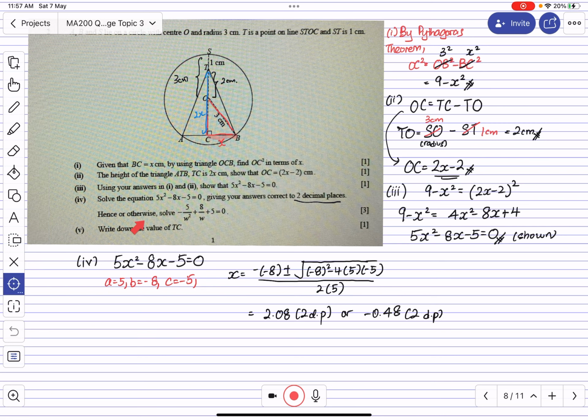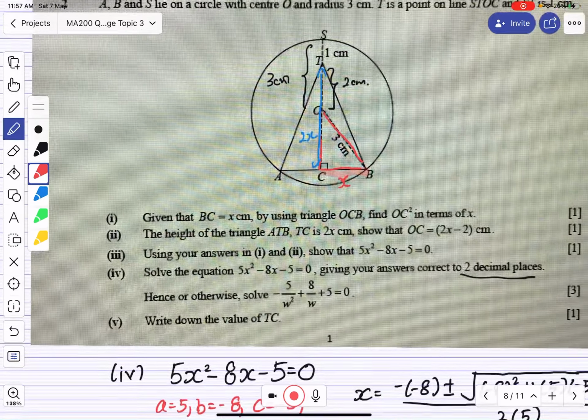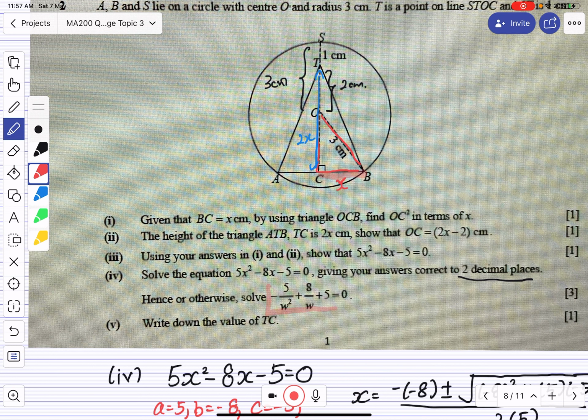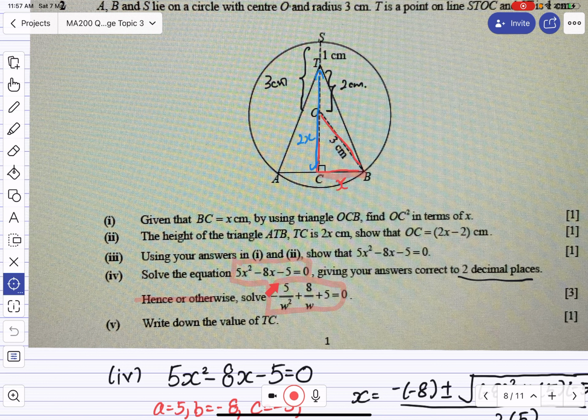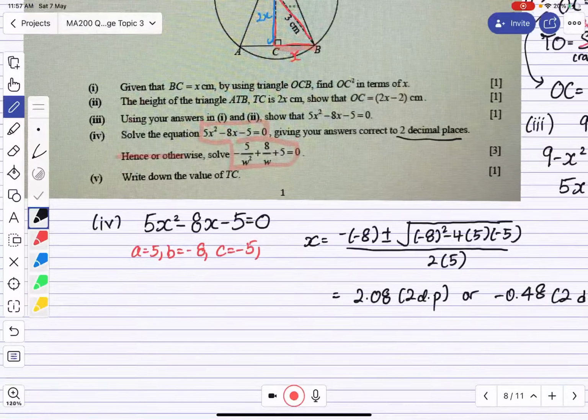Now I go on to the second part of part 4, which requires me to solve negative 5w squared plus 8 over w plus 5. What you must observe is how closely related these two equations are to each other, which is also why the question used the words hence or otherwise. What we want to do is take on a suitable substitution.